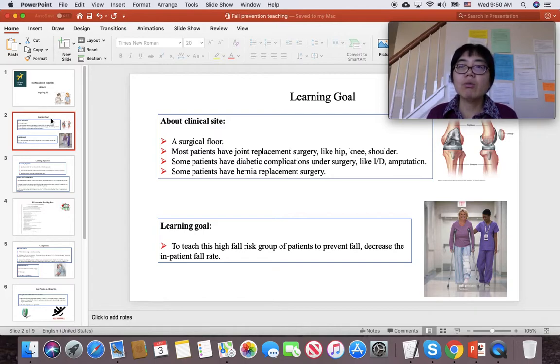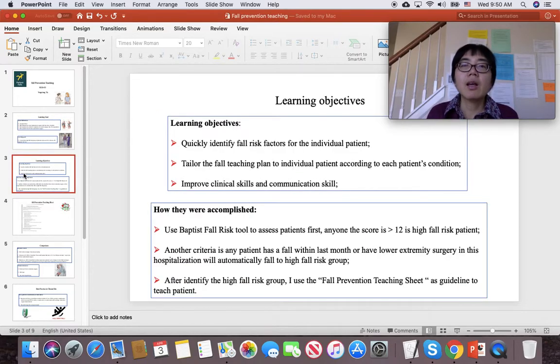My learning goal is to teach the high fall risk group of patients to prevent falls, to decrease the inpatient fall rate. I have several learning objectives. First, by finishing this clinical, I can quickly identify the fall risk factors for the individual patient.